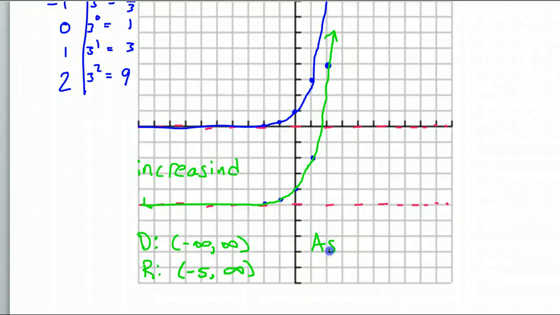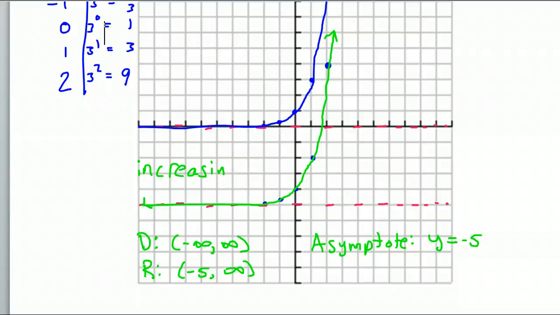Speaking of asymptote, the asymptote was shifted down 5. So instead of being the x-axis, it'll be the line y equals -5. So there's the asymptote. What else? So increasing, whoa, why did I put a D on that?